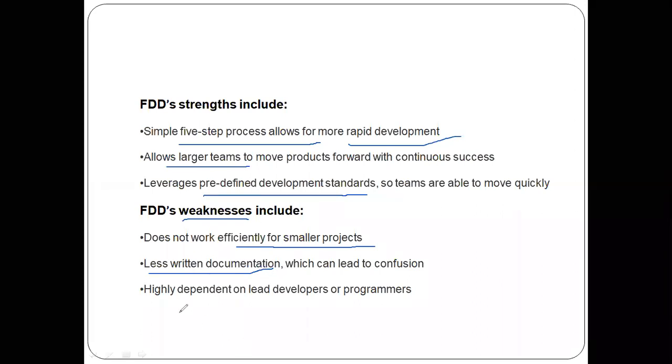And coming to the last one, highly dependent on lead developers and programmers. It is highly dependent on developers and programmers. Why? Because they are almost all concentrated on coding, no? So here the experts need to develop this kind of project.